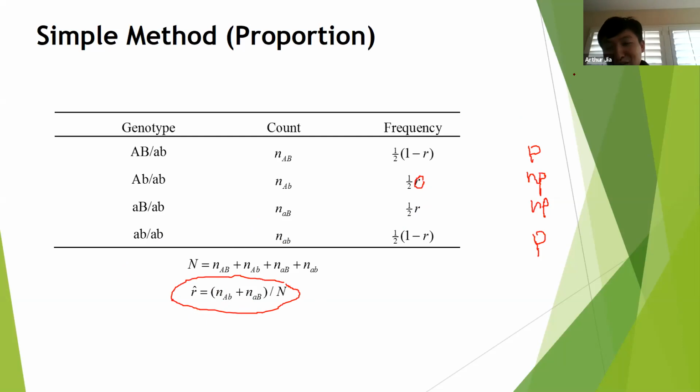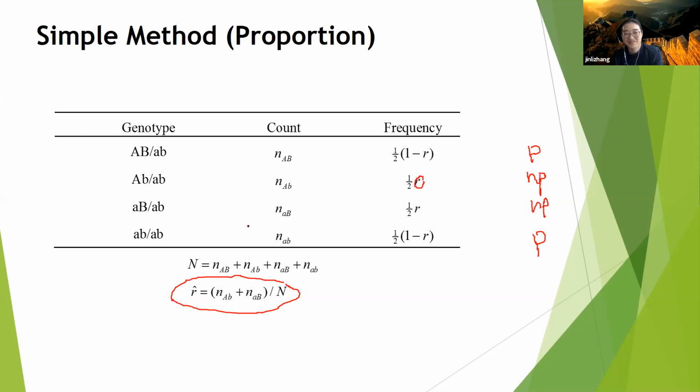Come back to our problem: R is the recombination frequency we try to estimate. It happens to be similar to the P, which is the parameter for the binomial distribution. Do you agree?